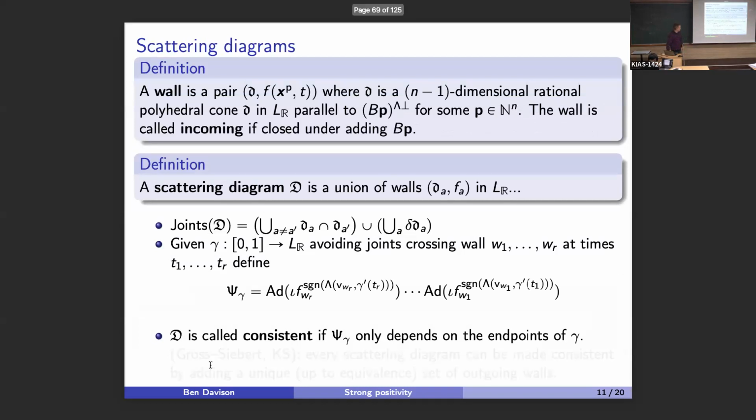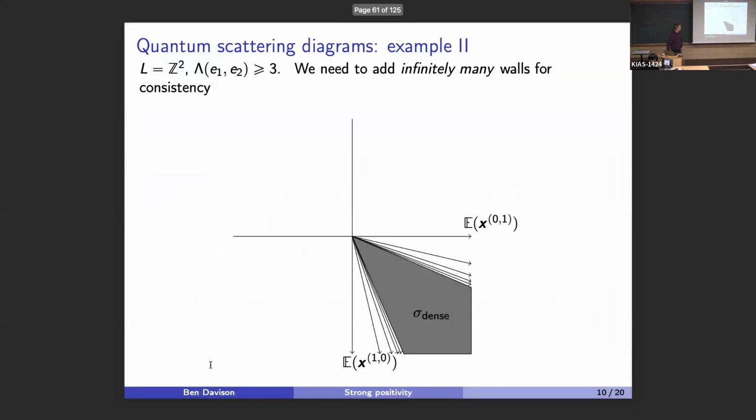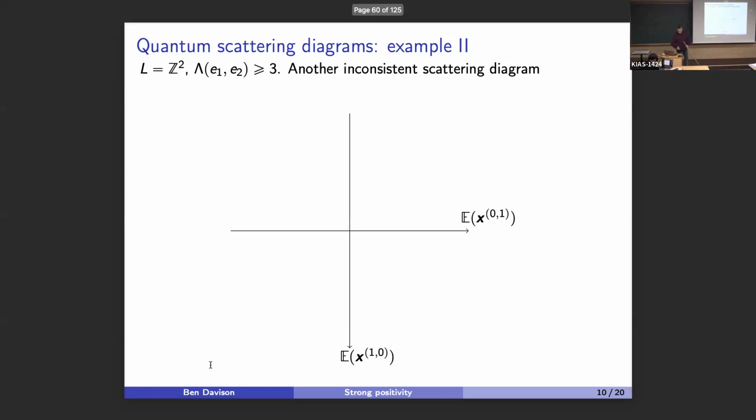These two-dimensional examples may be misleadingly simple, but one way to convince yourself that this is true and almost obvious is to ask what we are trying to do. We started off with something that was inconsistent, and it's inconsistent because if I take this times this and compare it to this times this, I get something different.